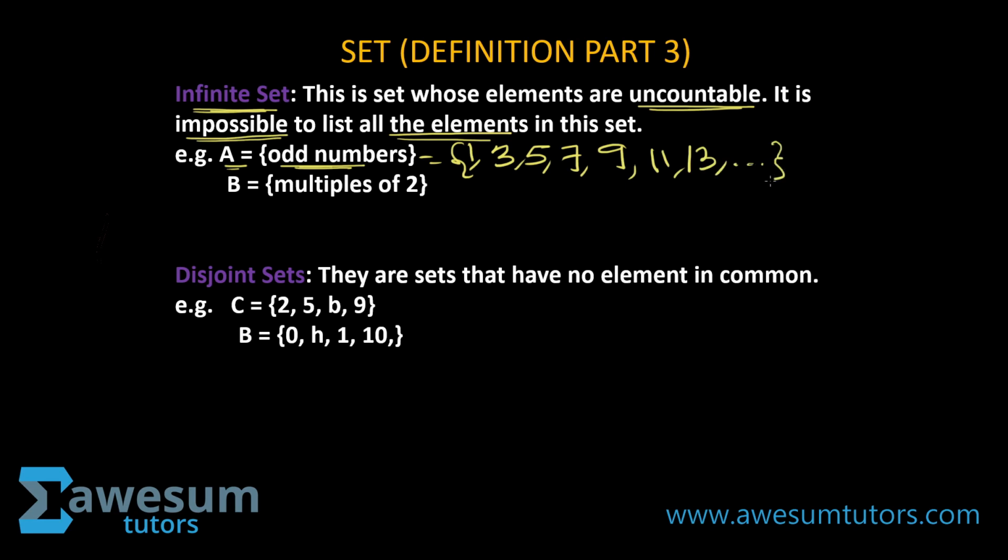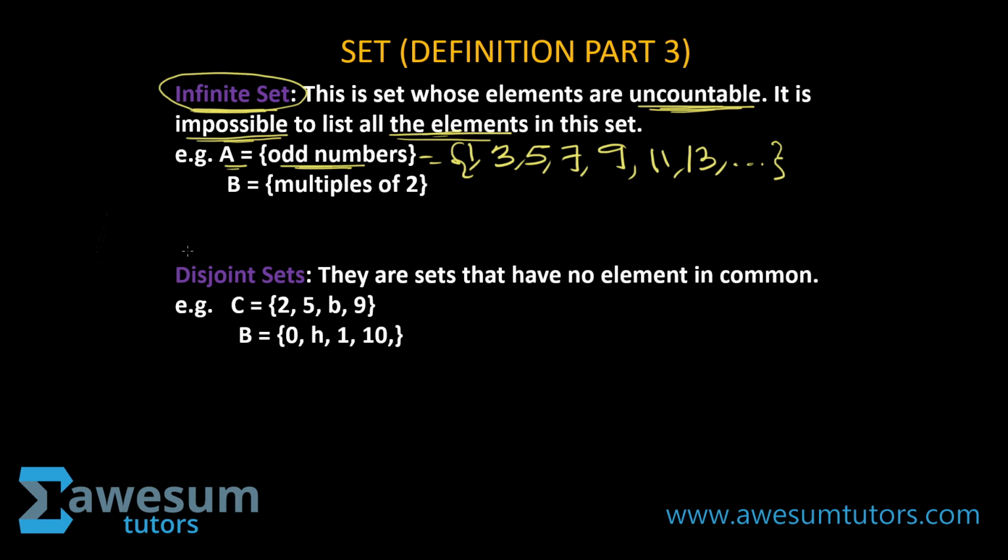You cannot count everything. It is uncountable, because it does not have an end. The same thing applies to multiples of 2. You are going to say 2, 4, 6, 8, 10, 12, and so on. It is impossible to list all the elements, so that makes it an infinite set.